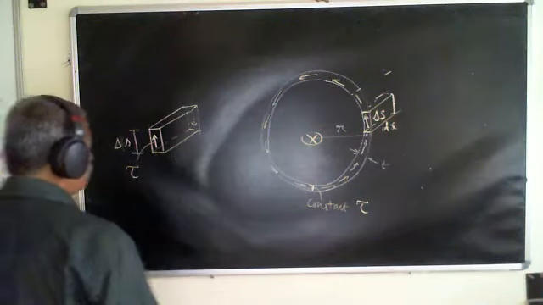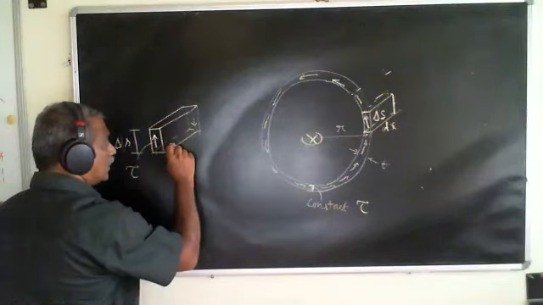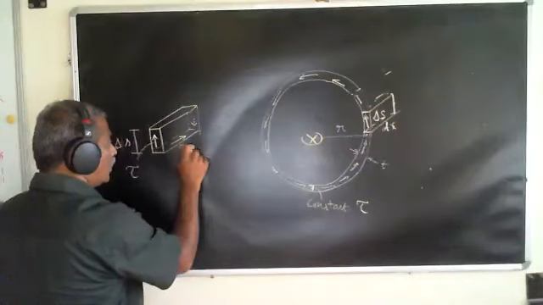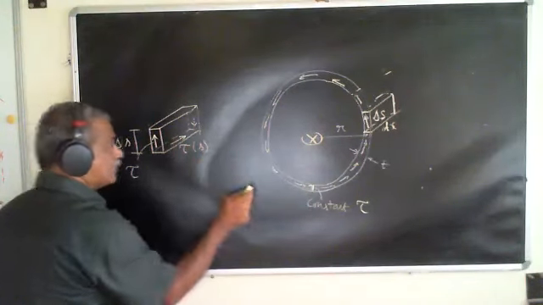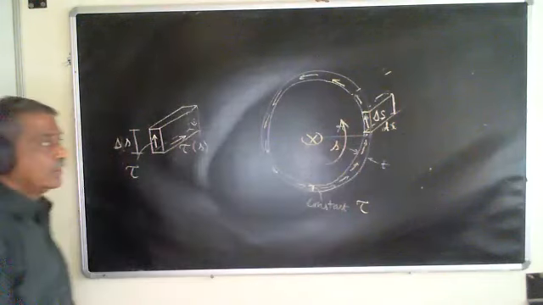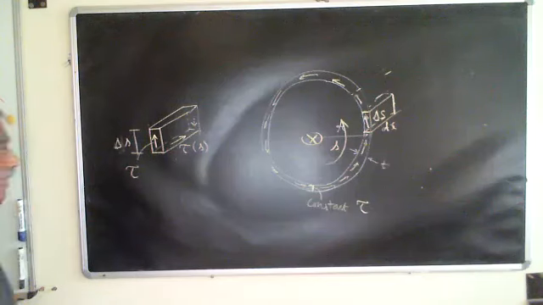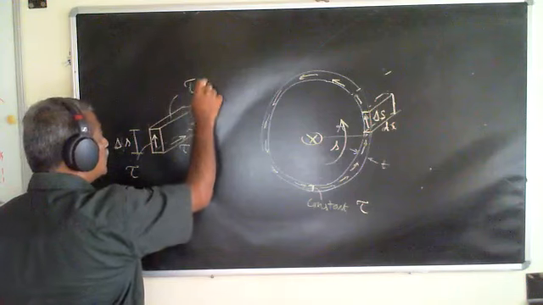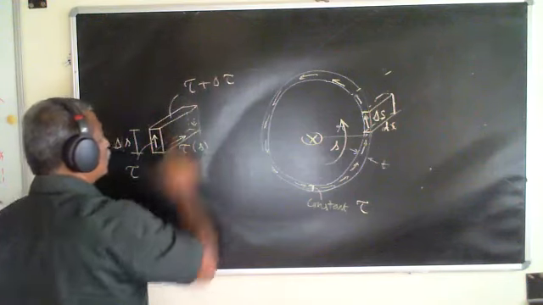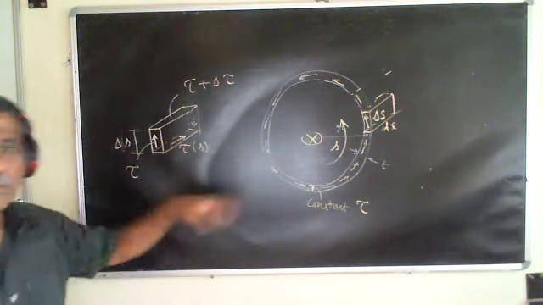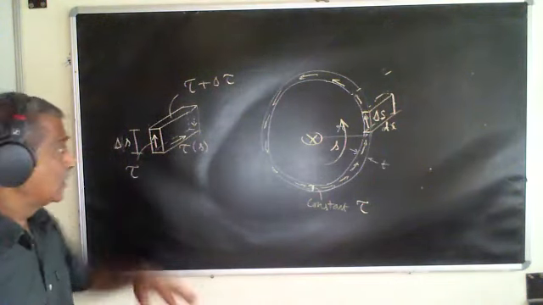So what I'll do is I'll take this as, let's say, tau at s, where s is nothing but a parametric coordinate s, right? And this is tau plus delta tau, right? Just like what we did in most of the elemental calculations, right?